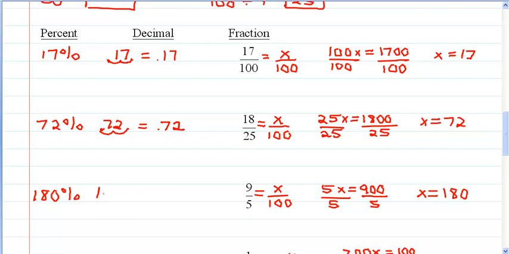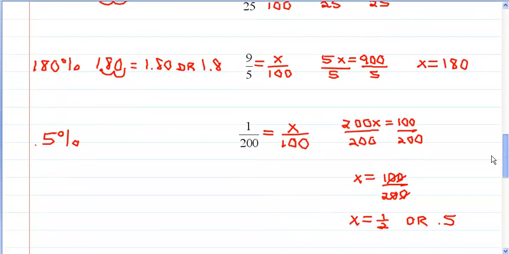For 180%, I move my decimal 2 places to the left to get 1.80, or since it ends in a 0, just 1.8 would be fine too. And for 0.5%, I want to take my decimal, move it over 2 places to the left, so I need 2 zeros as placeholders to get 0.005.